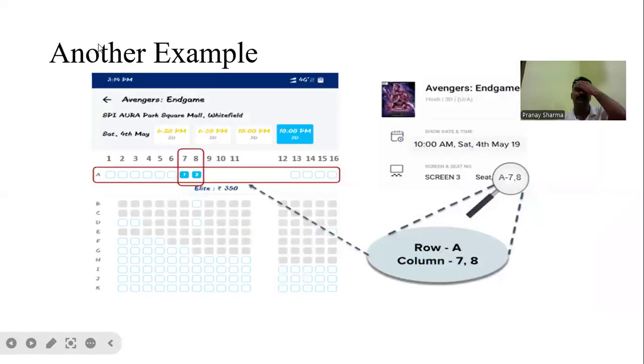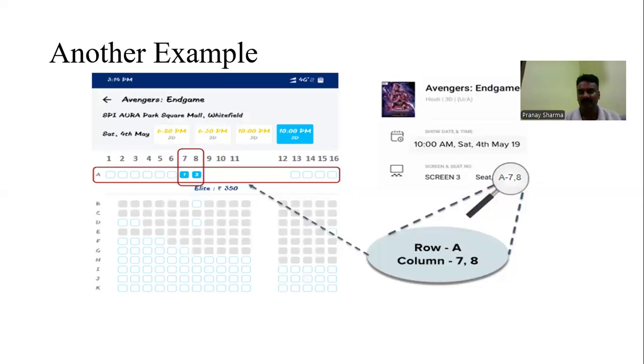Another example is, suppose you have booked an online ticket for a movie, right? And the movie that you have selected is, let us say, Avengers. All right. So this is the practical example that I have taken. Now, the electronic ticket will be in this format.